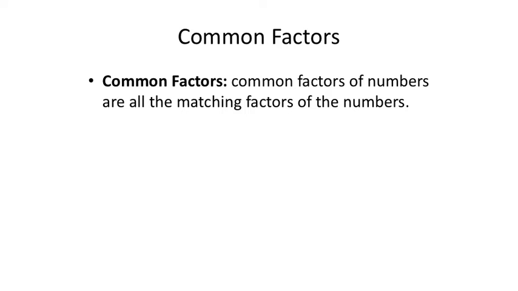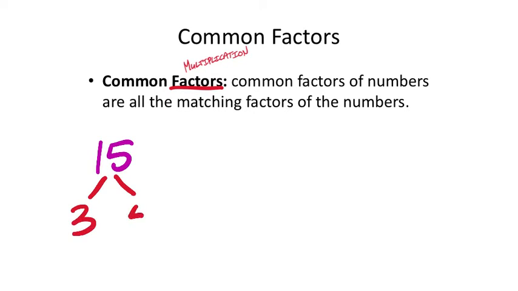All right, common factors. And when we see the word factors, it's important to remember that factors indicate that we're using some form of multiplication. So, for example, if you looked at factors of 15, that'd be like 3 times 5, right? 3 and 5 are factors of 15.